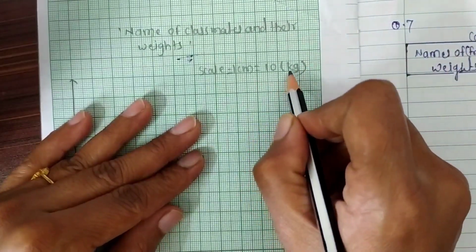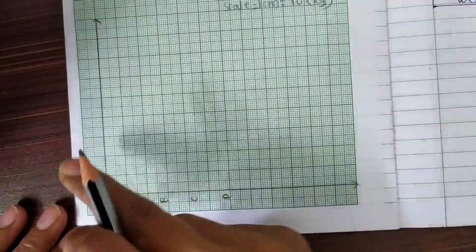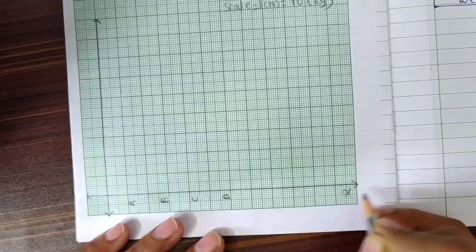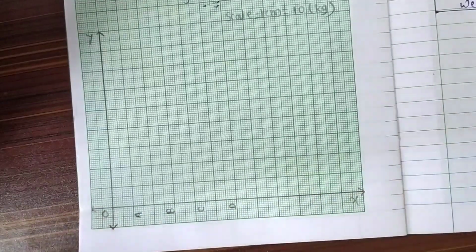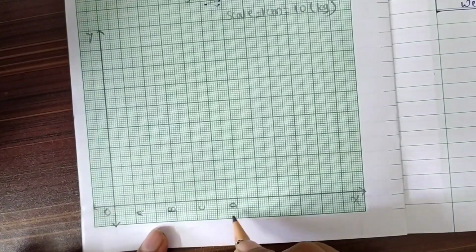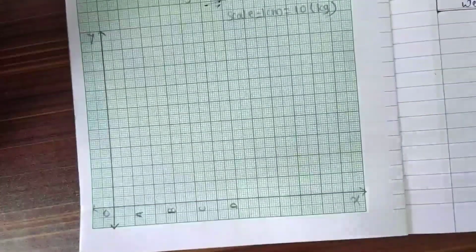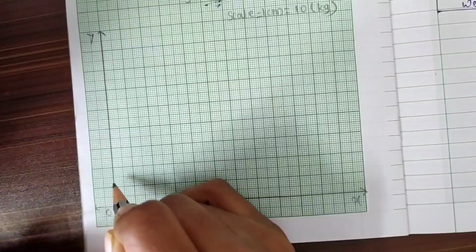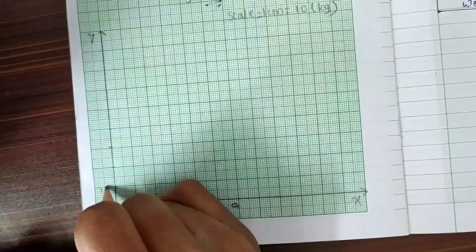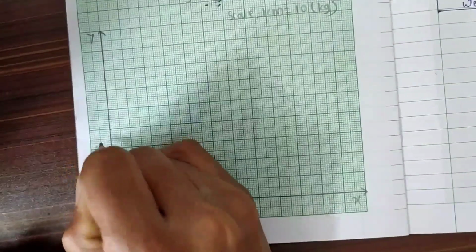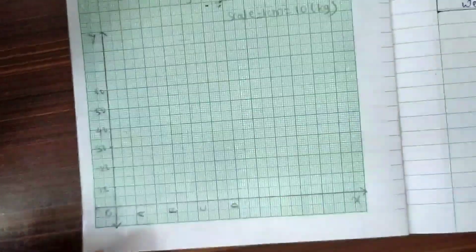Weights in kilograms, so I write here kilogram. I draw here the x-axis and y-axis, give names and the point of intersection, that is O. Then I write here the names of classmates, and on the y-axis we are going to take our scale, that is 10, 20, 30, 40, 50 and 60.